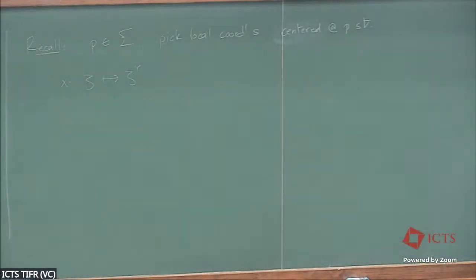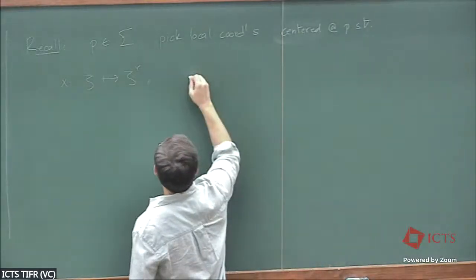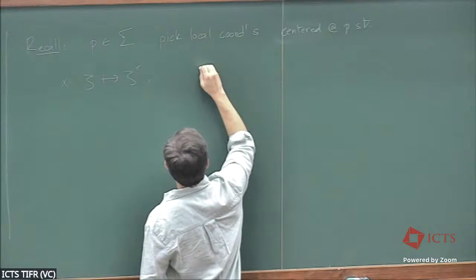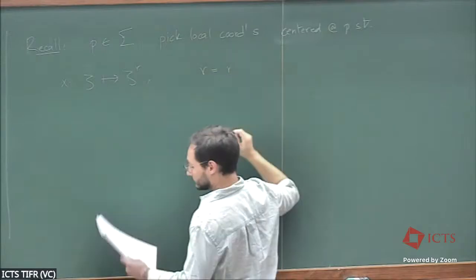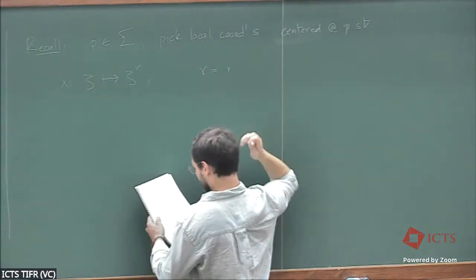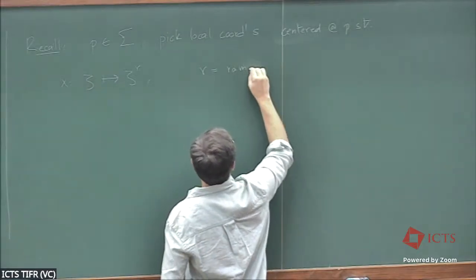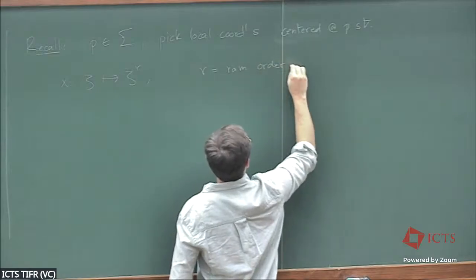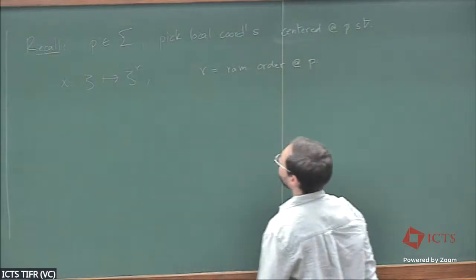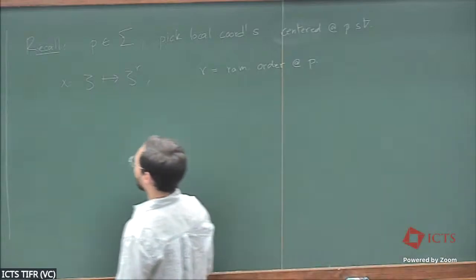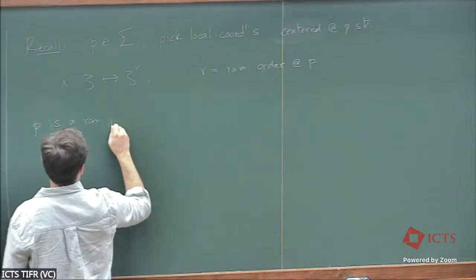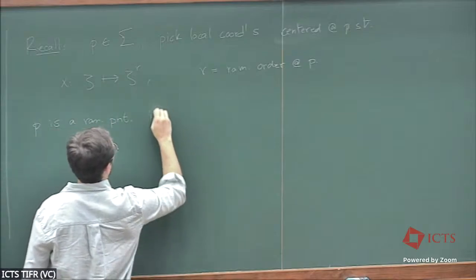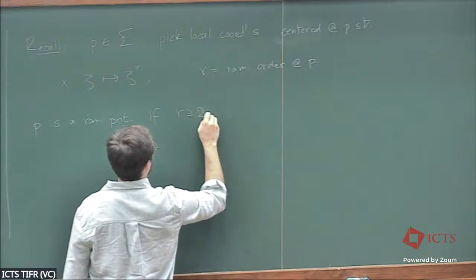This is called the normal form at P, and this integer r here is called the ramification index, or ramification order, at P. And recall that we say that P is a ramification point if this r is greater or equal to 2.